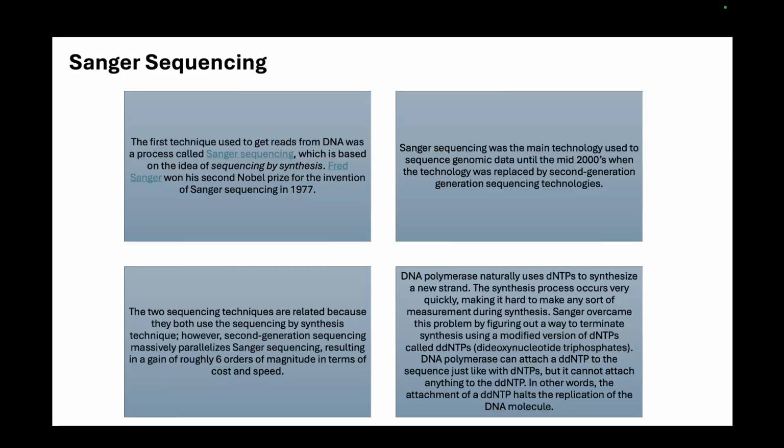This technique was developed by Fred Sanger, who won the Nobel Prize for this discovery. Before this, we did not have a standardized method to sequence DNA in particular, and so Sanger sequencing made the head start in sequencing different genomes and RNAs and other types of molecules from the cell.